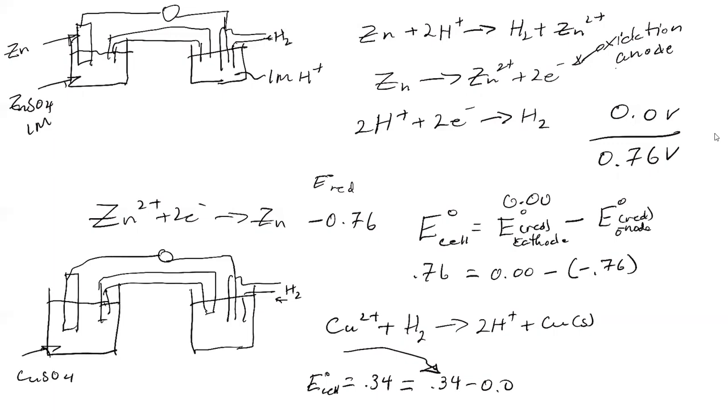So even though the hydrogen half reaction, H2 going to 2H plus 2 electrons, is the half reaction for hydrogen now, and that makes that the anode because it's oxidizing, it's losing electrons, so it goes over here. It still has a cell potential of 0.